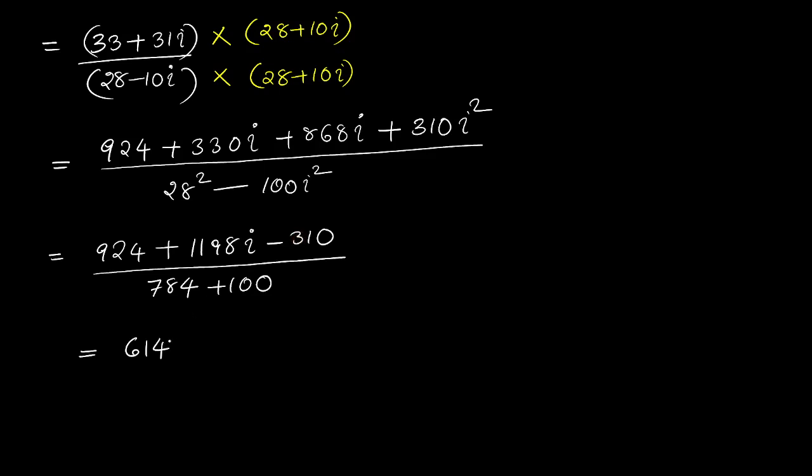Is it all clear? Is it visible? So the numerator is 614 plus 1198i, and the denominator is 884.